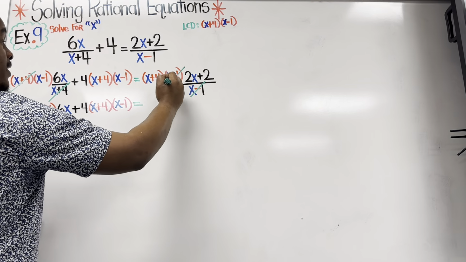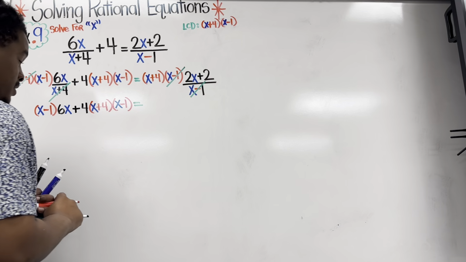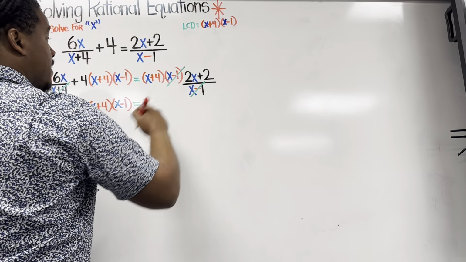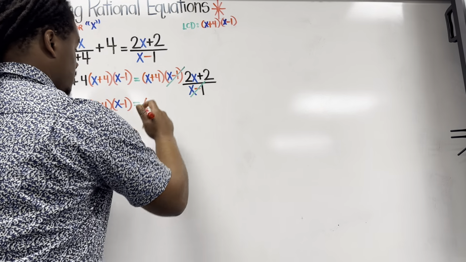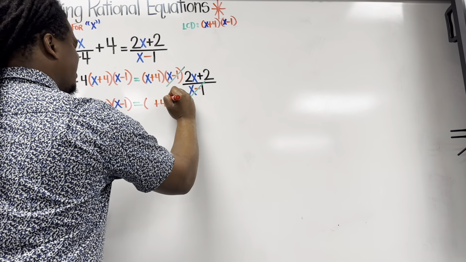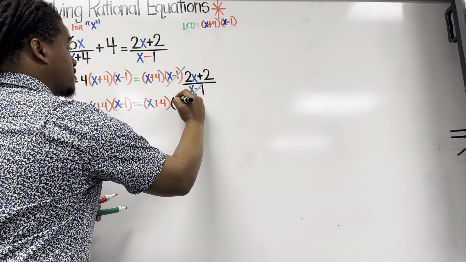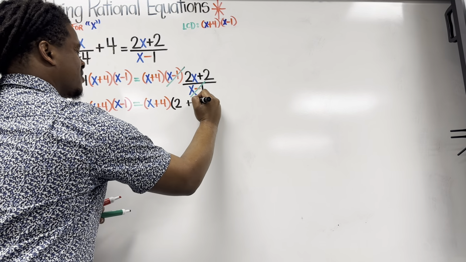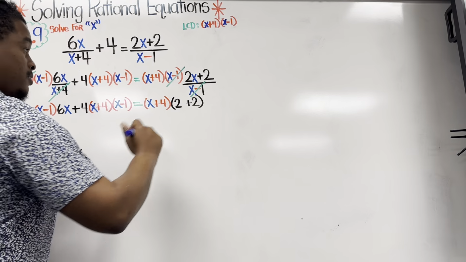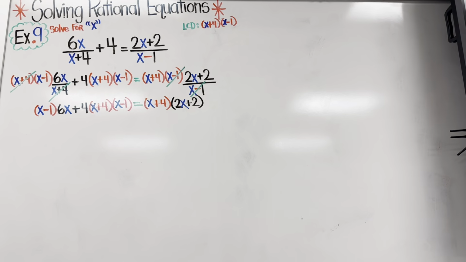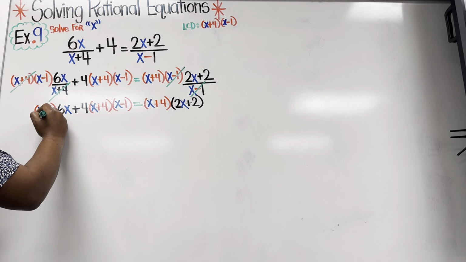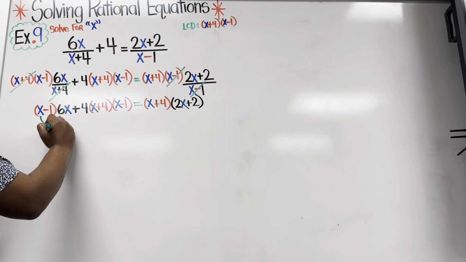So this and that will cancel out, and I will only have parentheses x plus 4 times parentheses 2x plus 2. All right. So now I have everything where I want it to be. What we can do is continue to simplify. I'm going to have x times 6x, which is 6x squared.